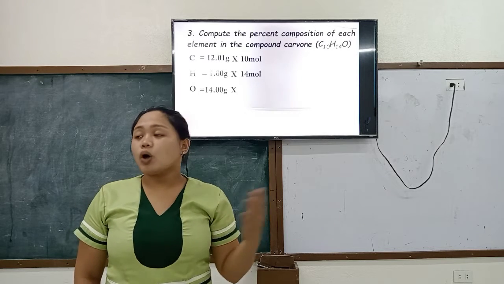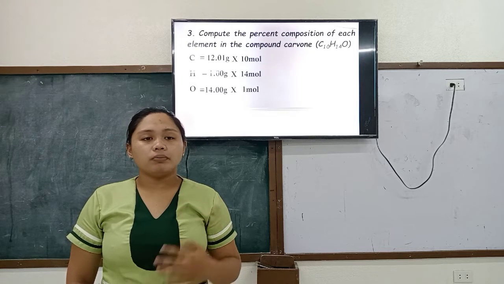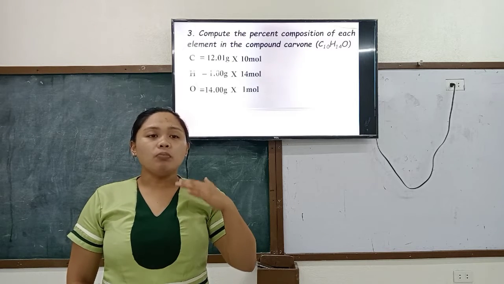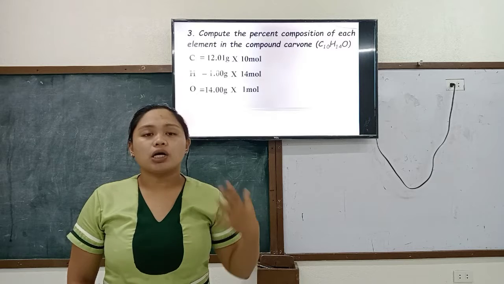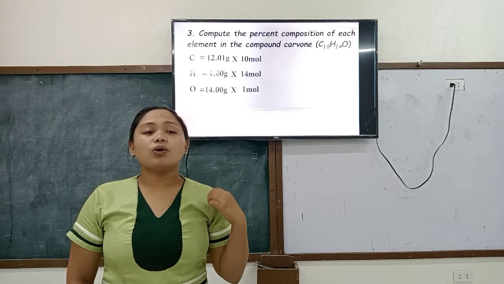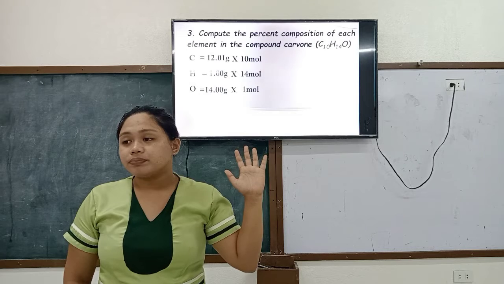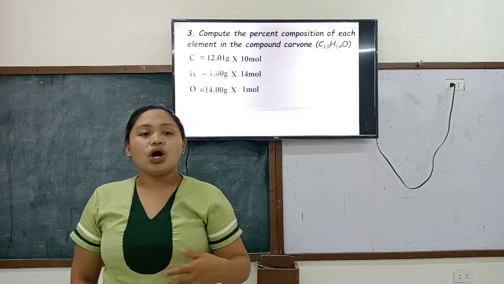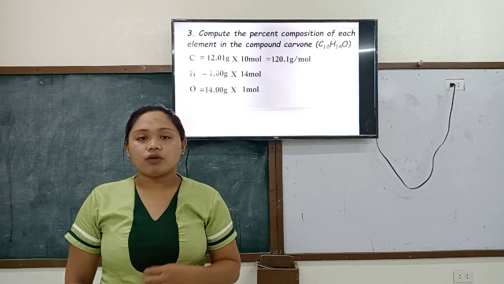Now, how about for oxygen? You are right, which is 1 mole. So, we have to multiply each of the elements, starting with carbon. So, 12.01 grams times 10 moles equals, what's the answer? Yes, that's good, which is 120.1 grams over mole.